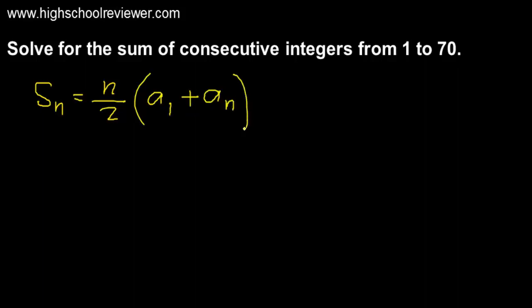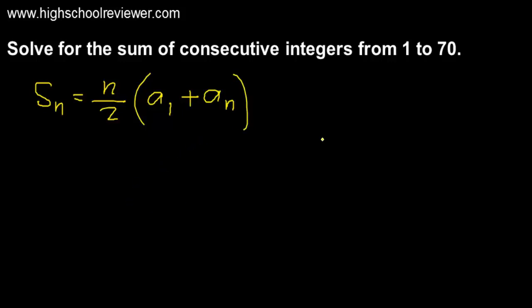Solve for the sum of consecutive integers from positive 1 to positive 70. Our formula for solving the sum of an arithmetic sequence is S sub n equals n all over 2, multiplied by the first term a sub 1 plus the last term a sub n.